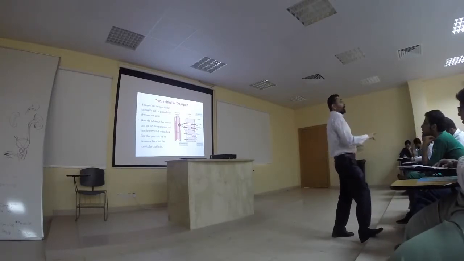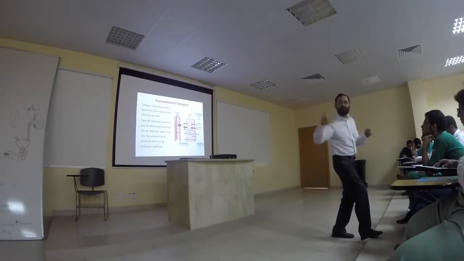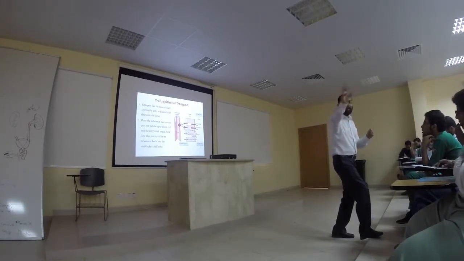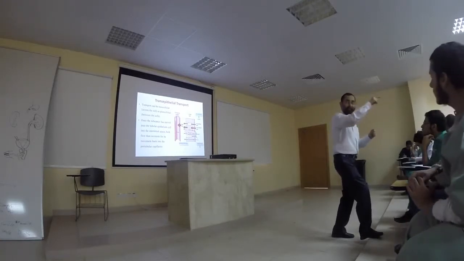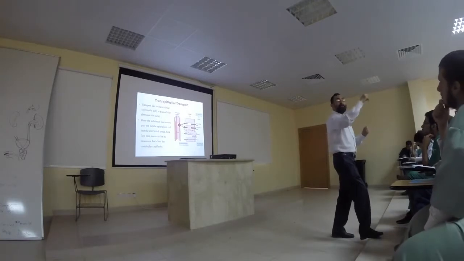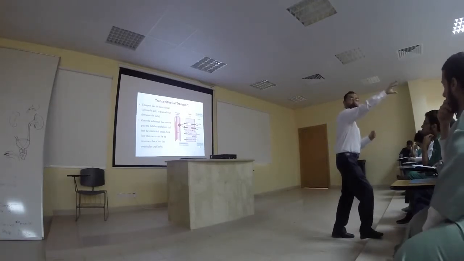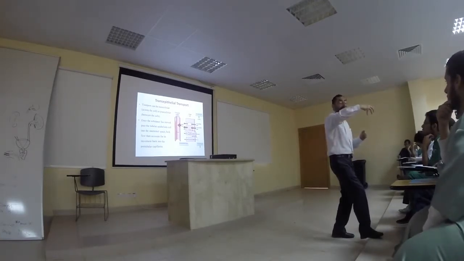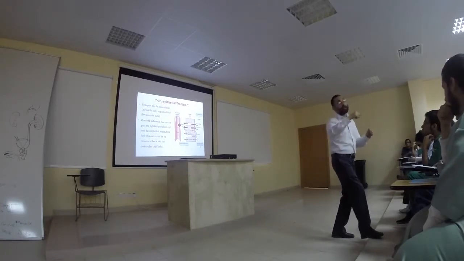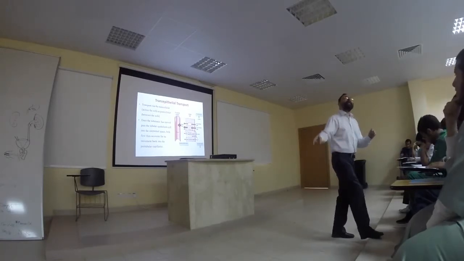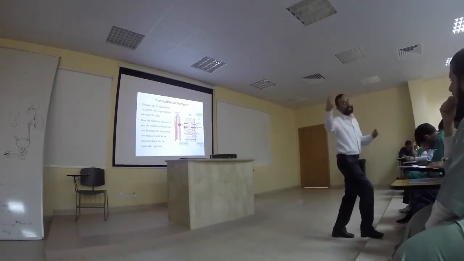Secondary active transport is dependent on the primary active transport, which is located nearby, because primary active transport is distributing the ions. Because of that ionic distribution, secondary active transport takes advantage and uses the energy of the distributed ion. That energy of the ion is the driving force. It means it is using an indirect form of energy, not the direct form. And it is dependent on the primary pump.